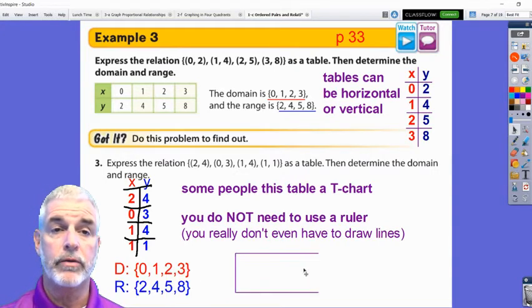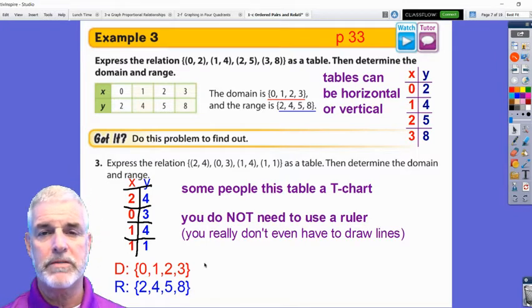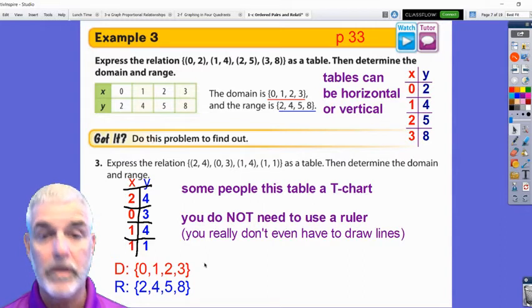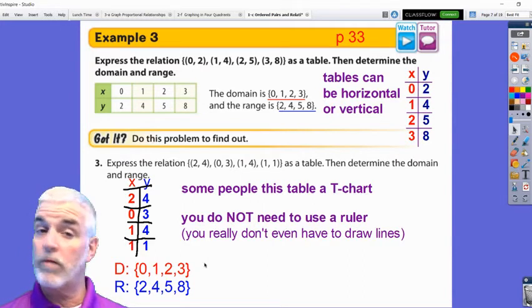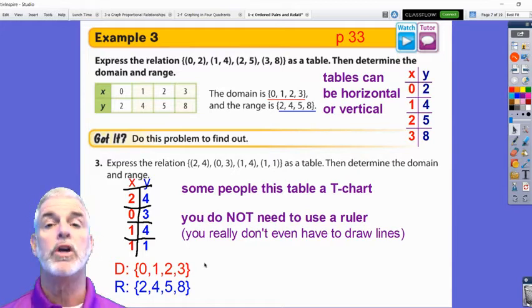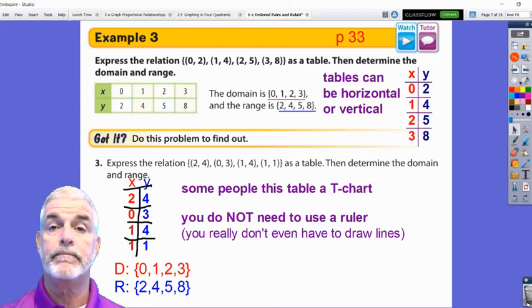The output values, 2, 4, 5, and 8. Notice they are written in braces, right? These squigglies. If you can't write a nice brace thing, as long as it's a squiggly line and doesn't look like a parenthesis, then you'll be fine. But if you don't write those braces, you don't write the domain and range in set notation, you are going to lose points.